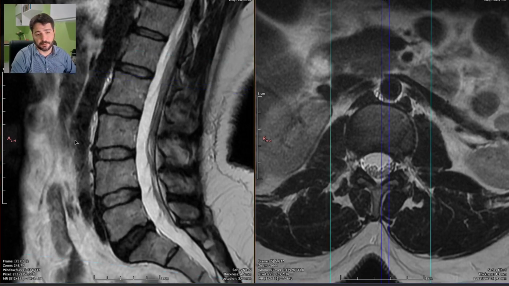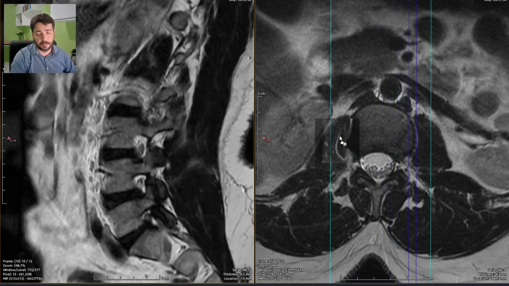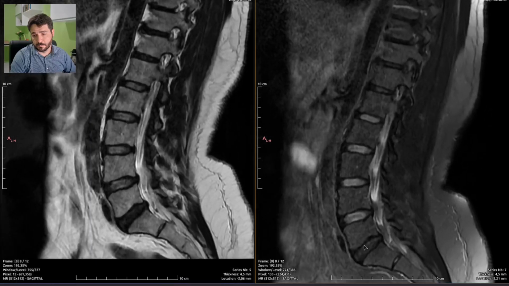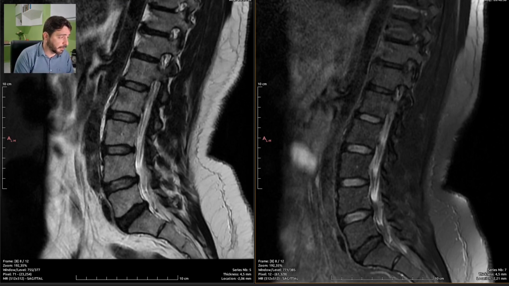Oh, small osteophytes are there. There is chronic dehydration of discs. Yep. And we have on L3, L4 small foraminal protrusions, bilateral.